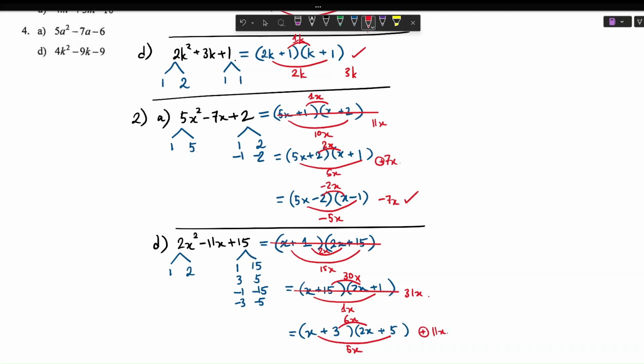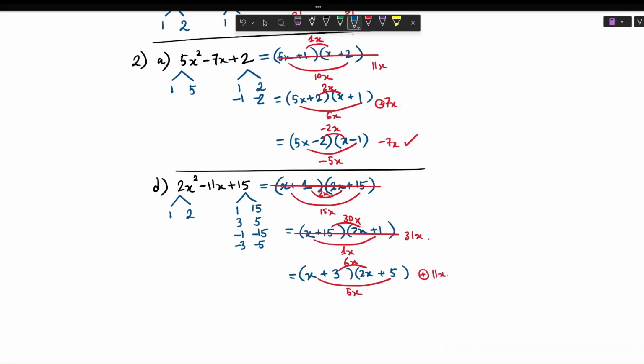So it's almost there, but not quite. We're going to use the same trick as last time, which is you're going to swap the signs, because negative 3 times negative 5 still makes positive 15. So now you can check this, negative 6x, negative 5x, that gives you negative 11x. This one is the correct factorization.